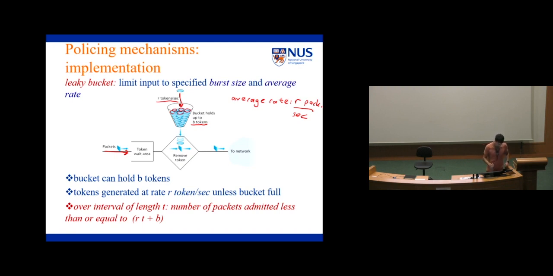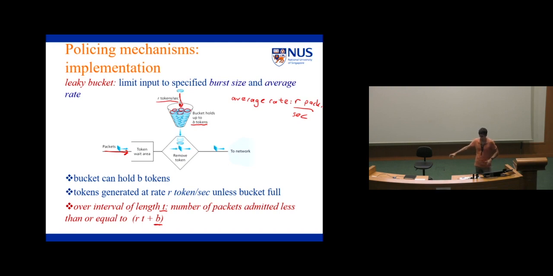So now, if you look at the number of packets admitted over an interval of length t, in the best case, first of all, I serve all the B packets, right?